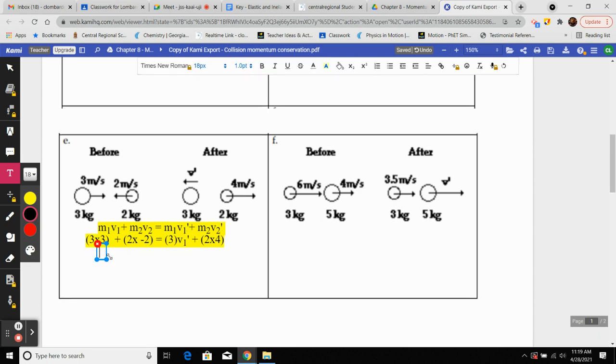What's 3 times 3? 9. What is 2 times a negative 2? Negative 4, equals 3v1 prime plus, what's 2 times 4? 8.